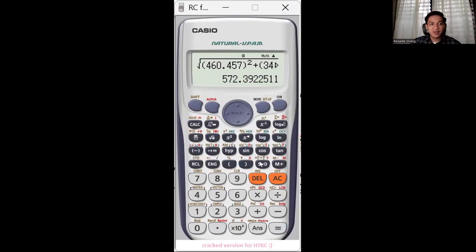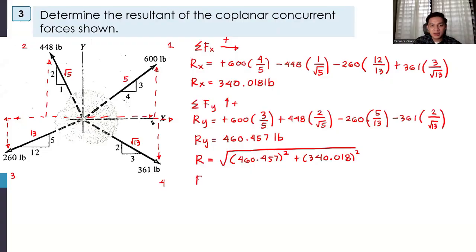The answer is 572.392 pounds. So we write R is equivalent to 572.392 pounds. Final answer. Next will be our angle theta, that is tangent of theta is equivalent to Ry over Rx.